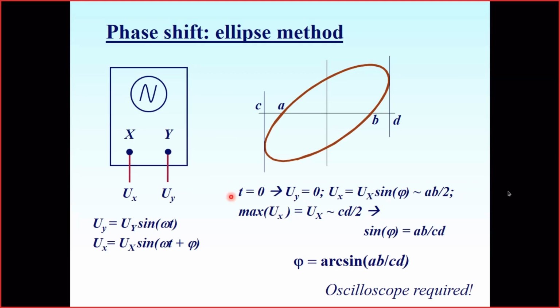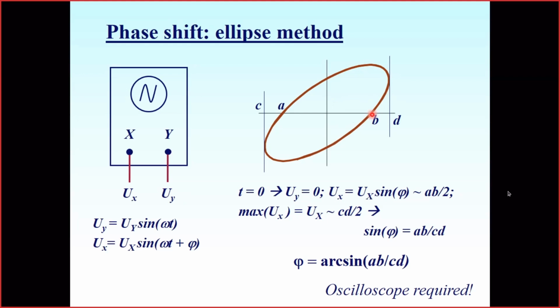So, for instance, when the time t is 0, the y signal will be equal to 0, but the x signal will be equal to the amplitude Ux times sine phi, and it corresponds to this point.